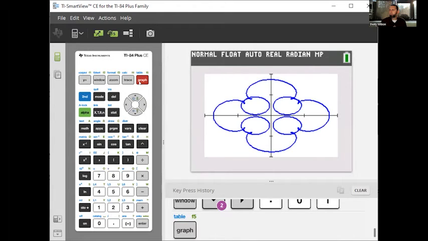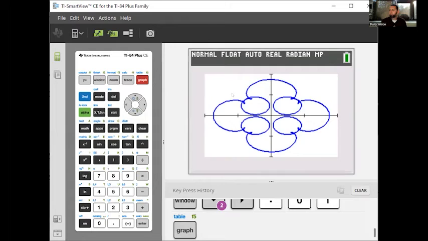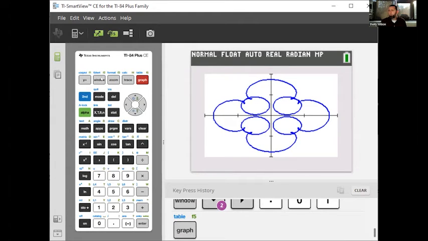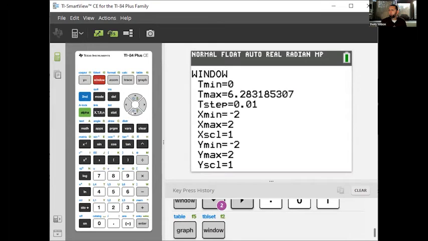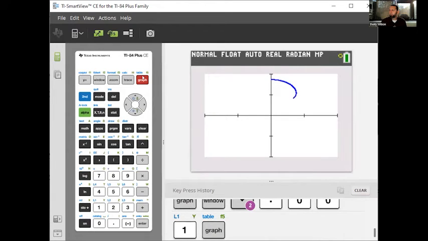Oh, that curve gets a lot softer. And notice now it seems like it's complete. We might ask what's going on in these little regions here. Maybe let's just try one more graphing and see what happens. So we change our t-step to 0.001. Our graph should become even finer.